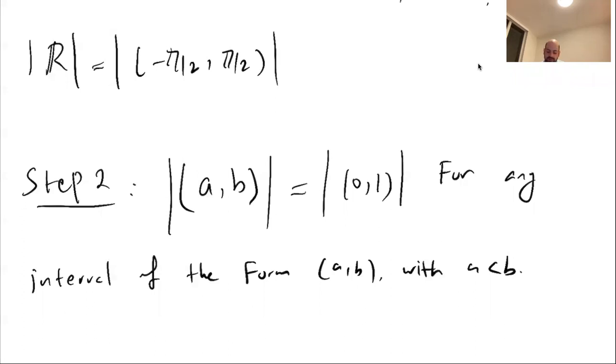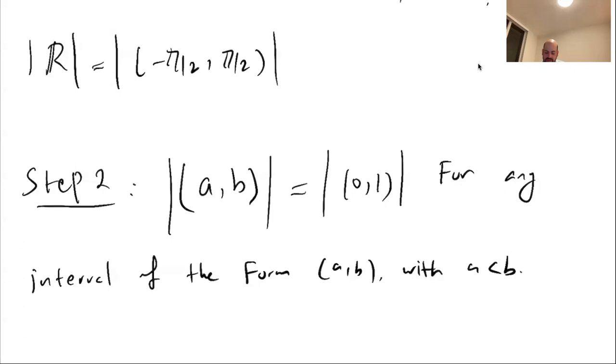So this is where a hypothesis called the continuum hypothesis can be mentioned. We have shown that cardinality R is bigger than cardinality of natural numbers, right?